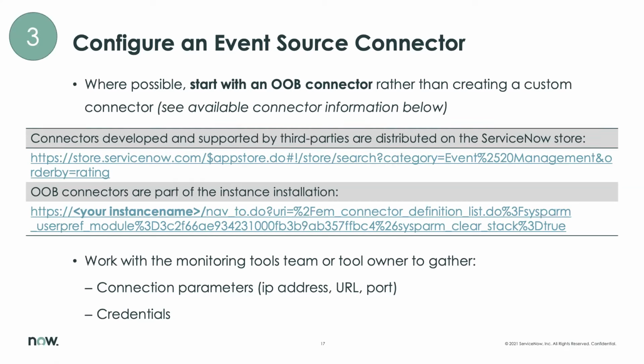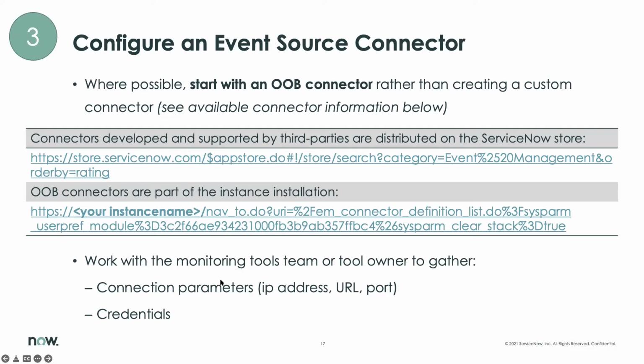We've really built out quite a list of out of the box event source connectors based on the monitoring tools that are most common across our customers. That will be a growing list, but you can customize these connectors as well to monitoring tools that don't already have an out of the box connector available. And we'll look at that in my instance to see what that means.